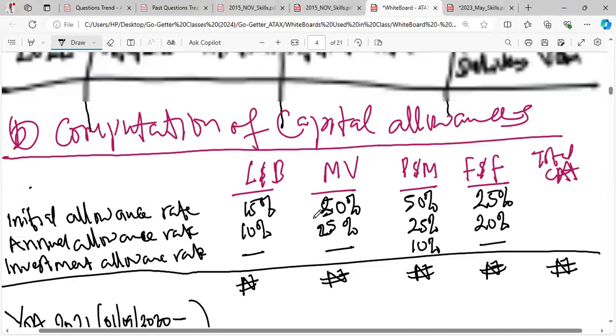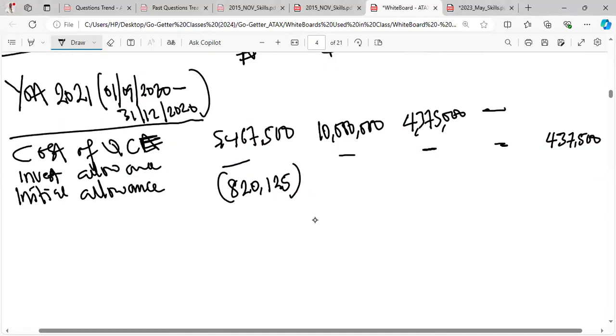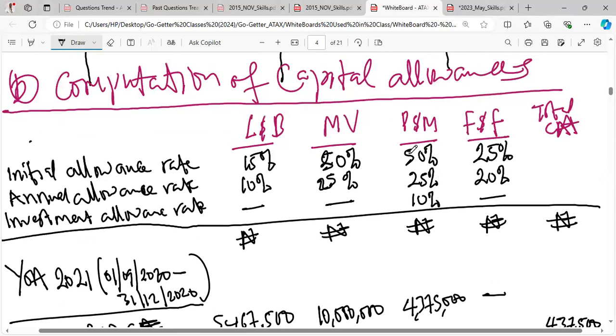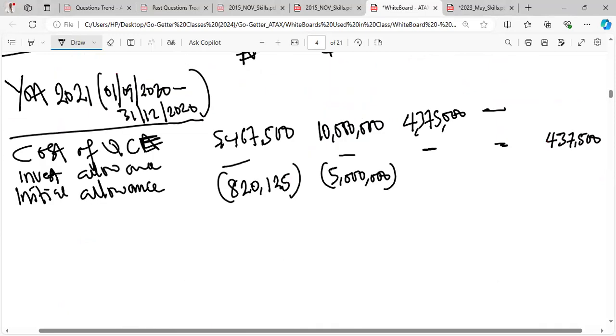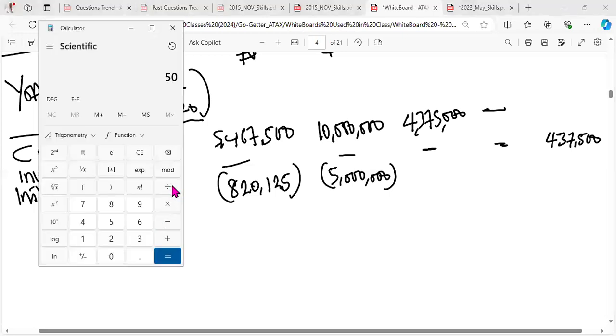Initial allowance of motor vehicle is 50%. That gives me 5 million. Then initial allowance of this will also give me 50%. So that's 50 over 100 times 4,375,000. That will give me 2,187,500.